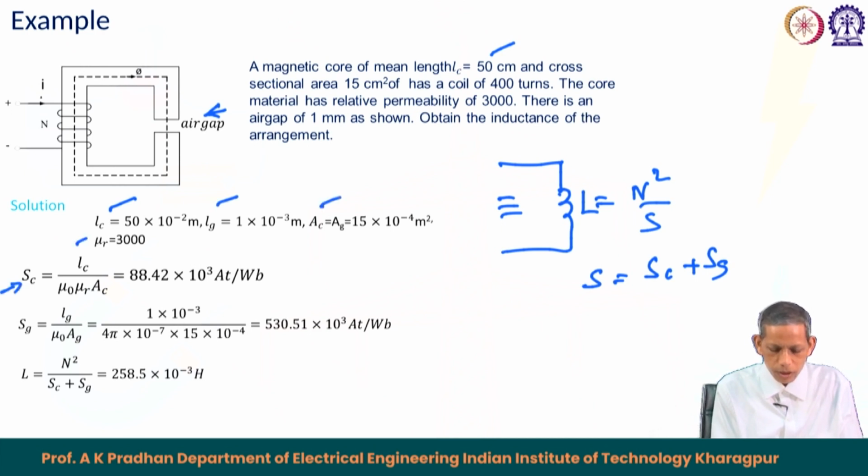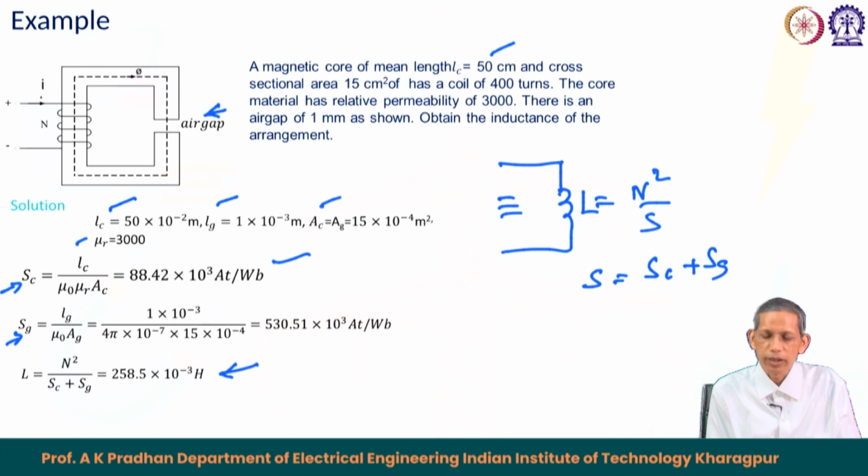The core part S C equals L C upon mu naught mu r A C, which comes out to be 88.42 into 10 to the 3 ampere turn per Weber, and the air gap part reluctance happens to be 530.51 into 10 to the 3 ampere turn per Weber. So, L equals N square upon S C plus S G, where N equals 400. This gives the corresponding inductance of the arrangement as 258.5 millihenry.